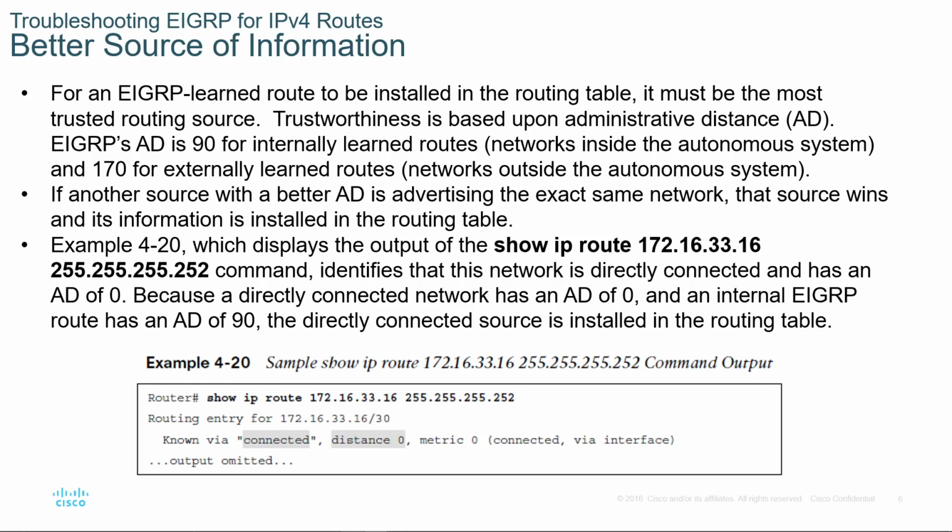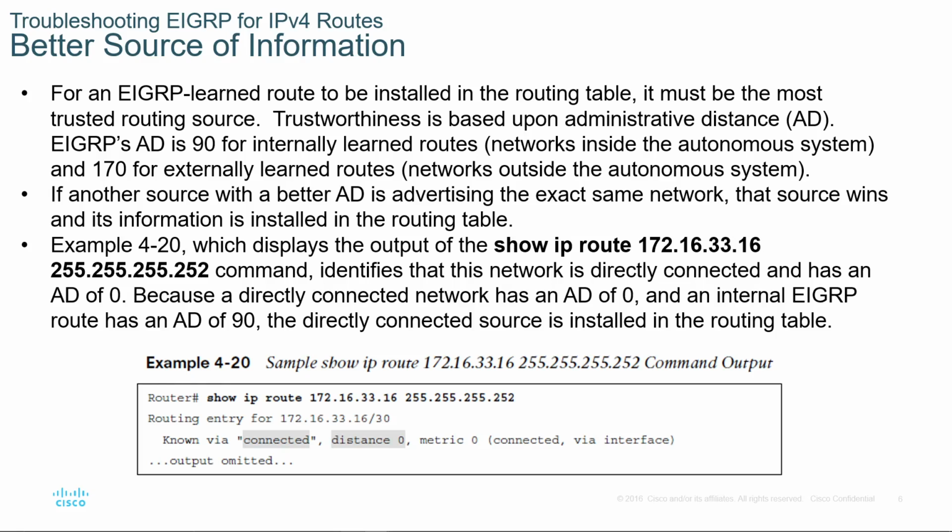So just with that, our internally learnt routes are more trusted than the externally learnt ones. And then you have the possibility of having other routing protocols running as well.